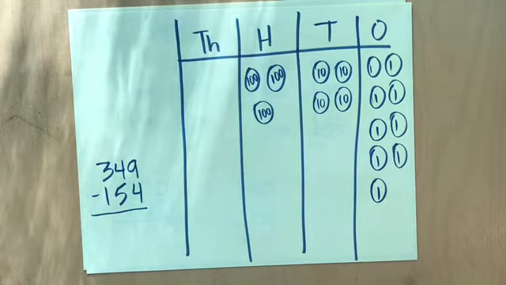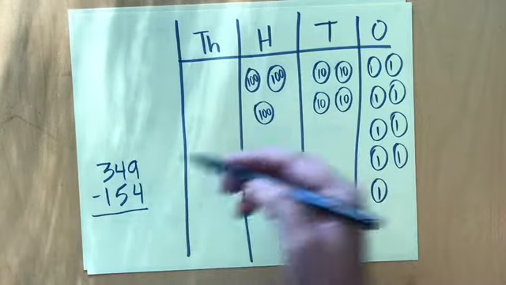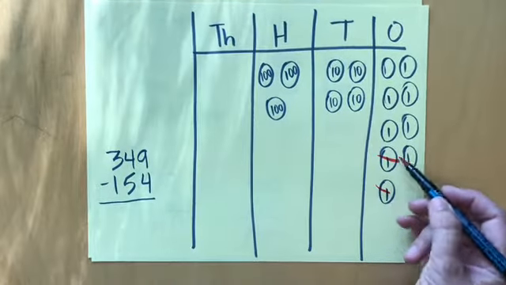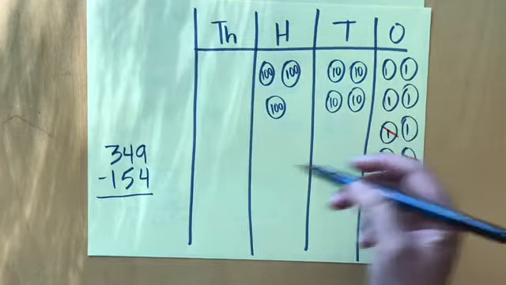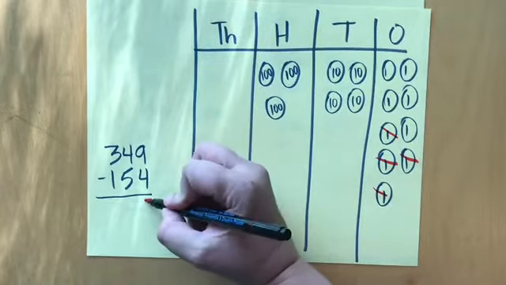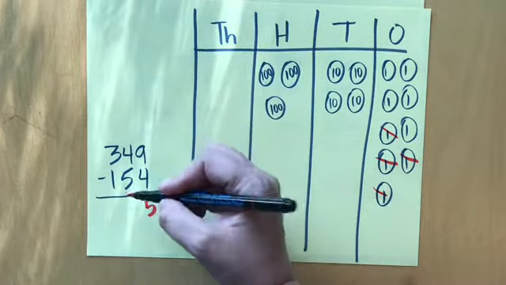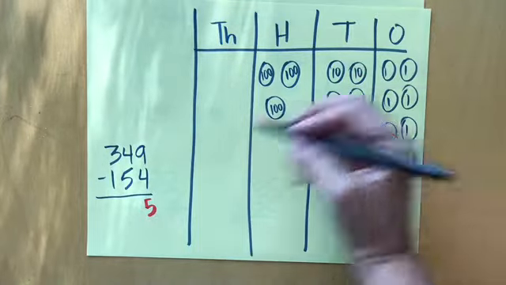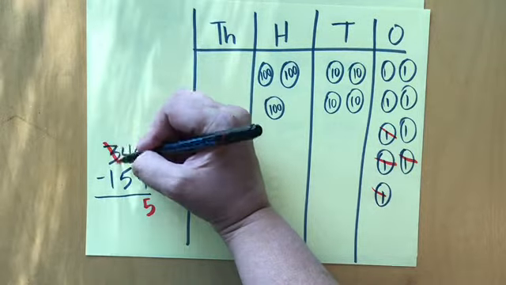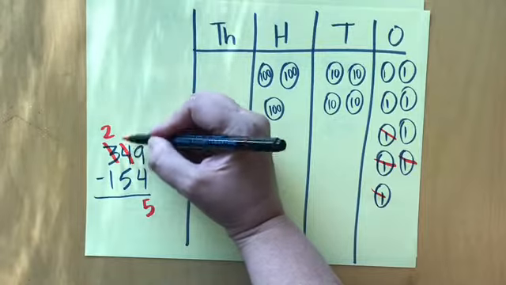All right, here's what you should have gotten. 9 take away 4. I didn't have to borrow, I have enough to destroy. 9 take away 4 is 5. 4 take away 5, I can't do it, I don't have enough. So I need to borrow from my hundreds to give more to my tens.